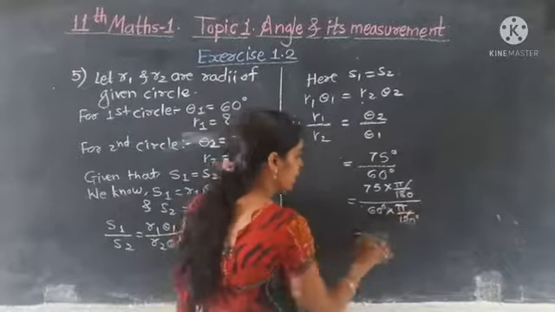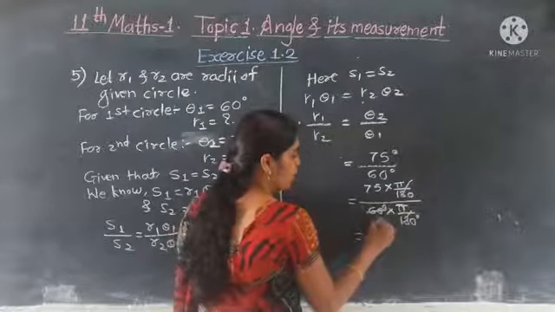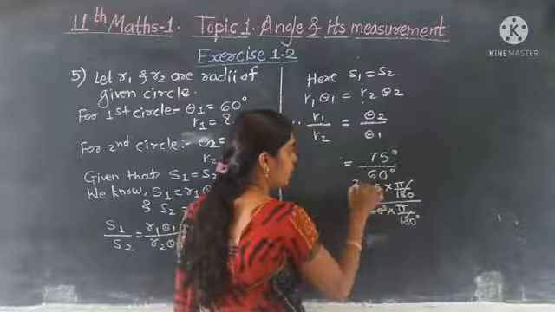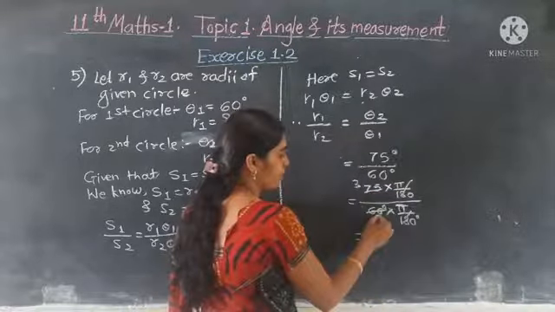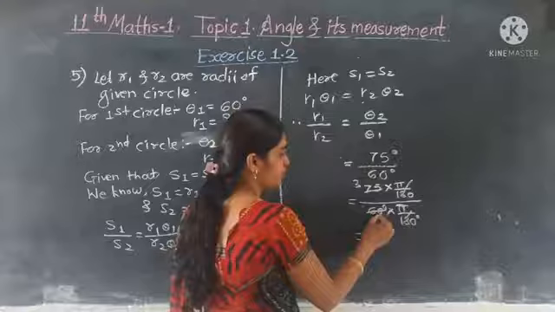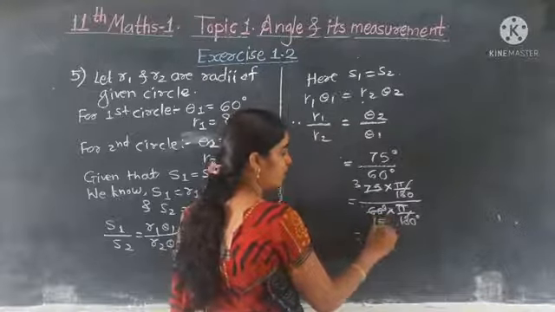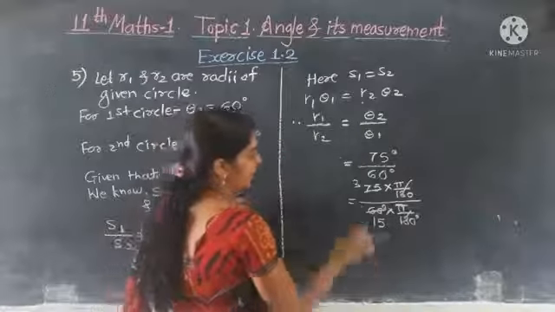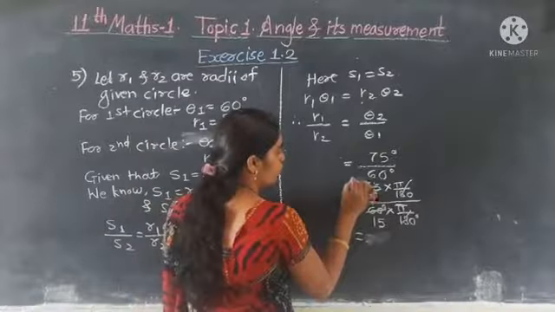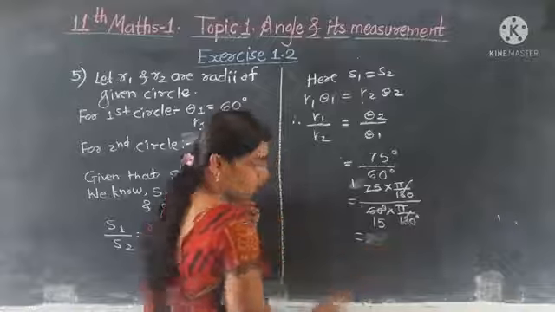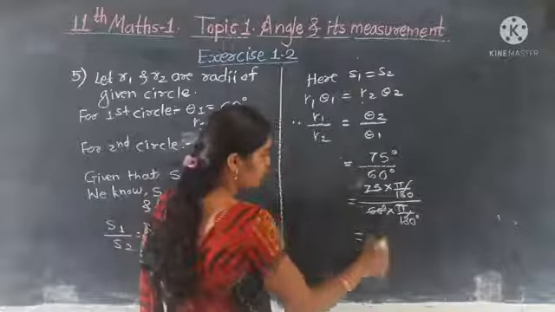See, here this gets cancelled. 25 by 20. You divide by 5.